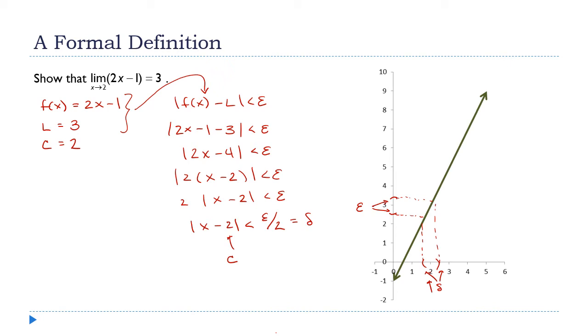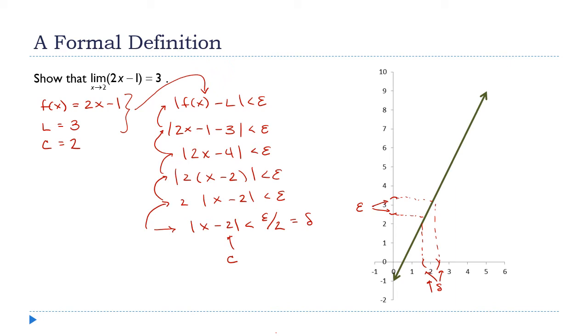If x minus 2 is less than epsilon over 2, then this is true, and this is true, and you can keep working your way back up here until you get all the way back to the absolute value of f(x) minus L is less than epsilon. Okay, that's what I needed to show.